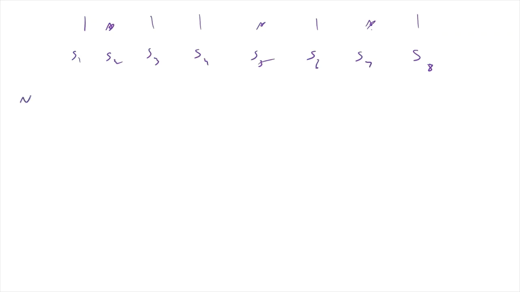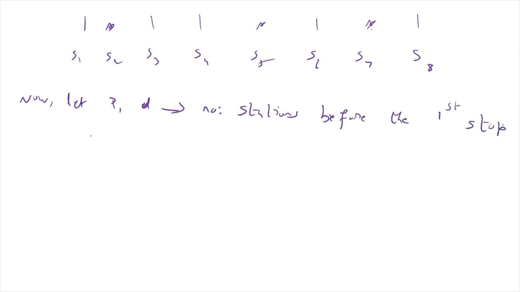Now let x1 denote the number of stations before the first stop, and similarly x2 denote the number of stations between the first and second stop.